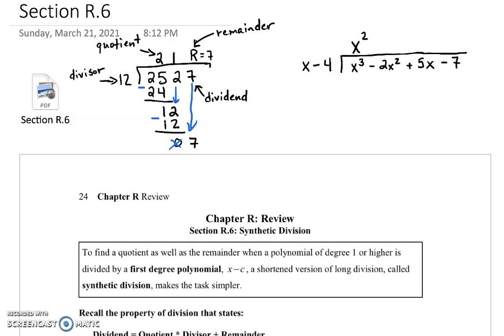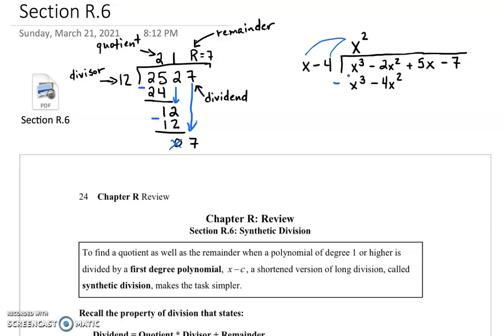And now I'm going to multiply. Well, multiplying x squared times x minus 4 means I really have to multiply the x squared by both things. So x squared times x squared is x cubed, and then x squared times negative 4 is minus 4x squared.